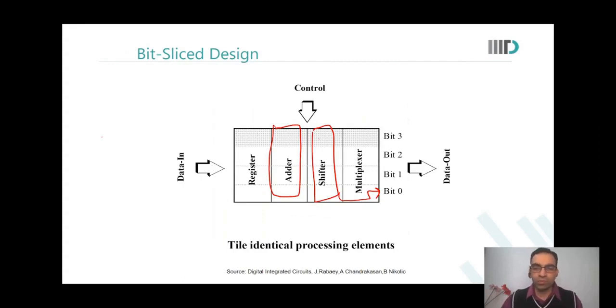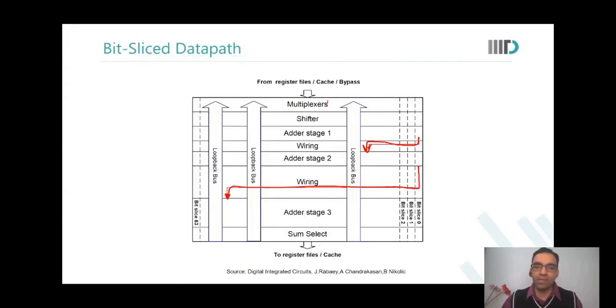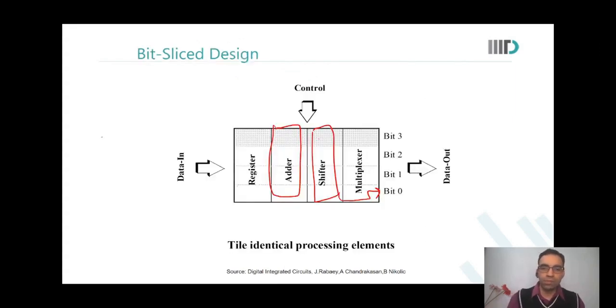Here, possibly they're already saying that this is coming from a register file, so you do not need to register it again. And sir, you said this is a bit slice of 1 bit, but in the previous slide, it is a 4-bit bit slice. No, this is a bit slice. Oh, okay, sir.